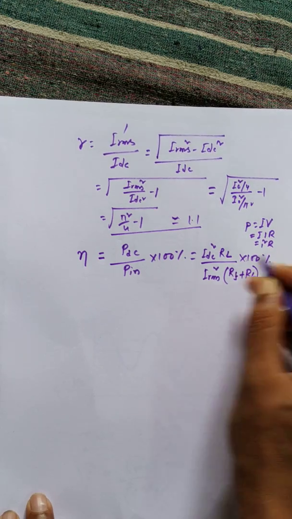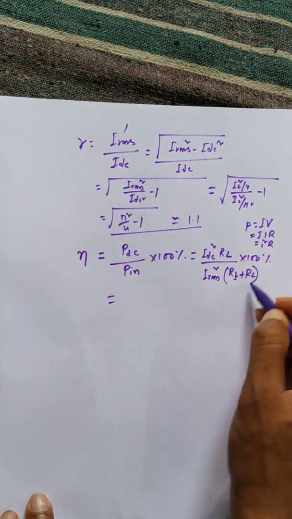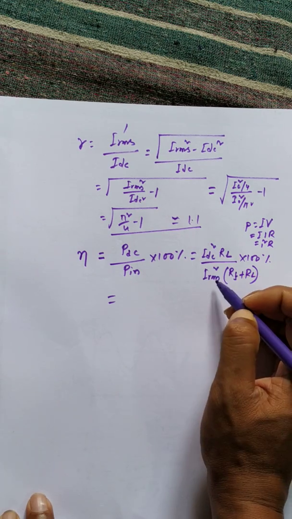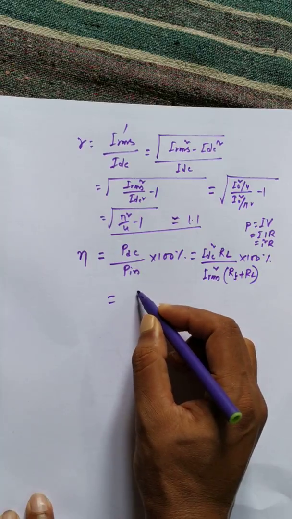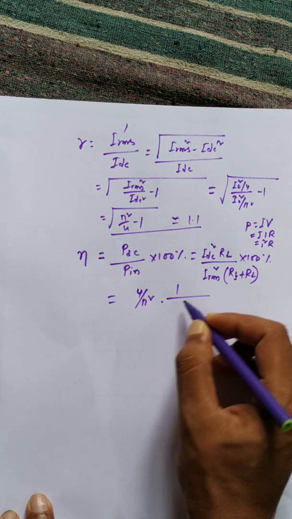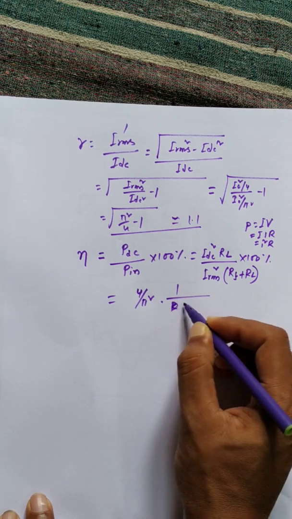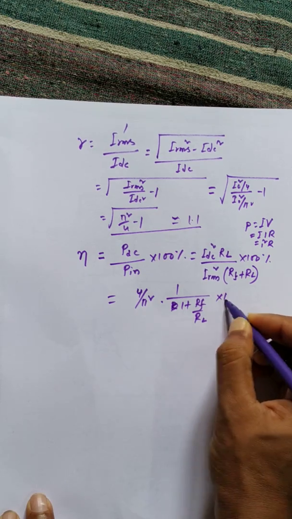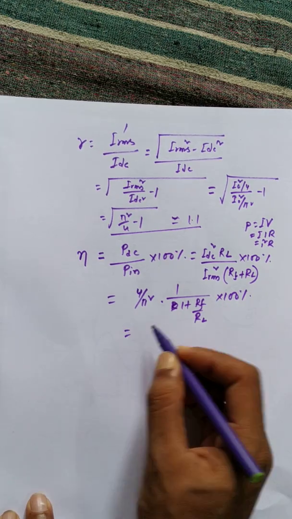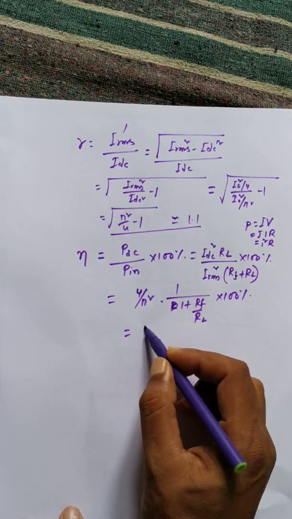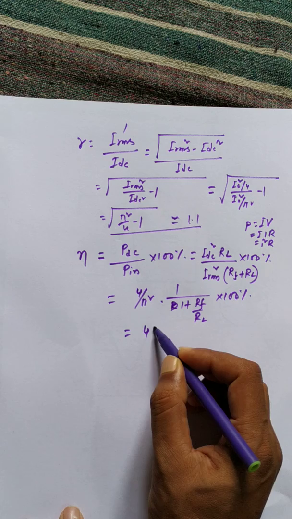Okay, so this is the efficiency of rectification, and if we substitute the values of IDC and IRMS square, we get 4 by pi square into 1 by (1 plus RF by RL), into 100%, and this is equal to 4 by pi square, which is almost 40%.